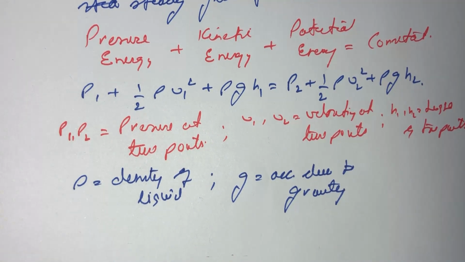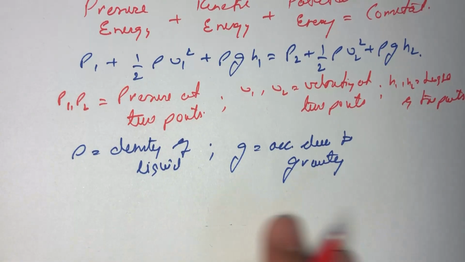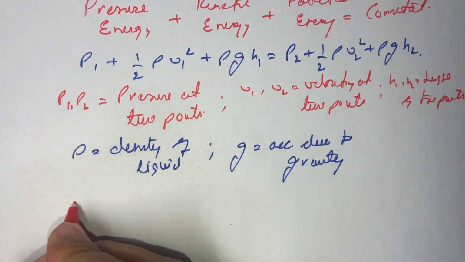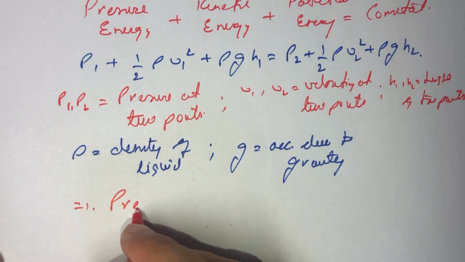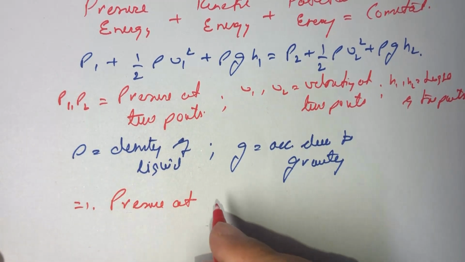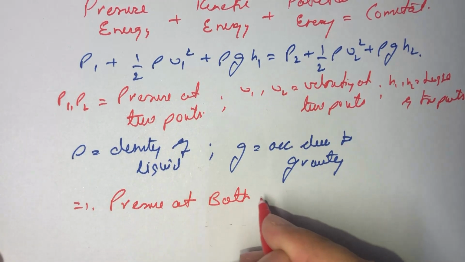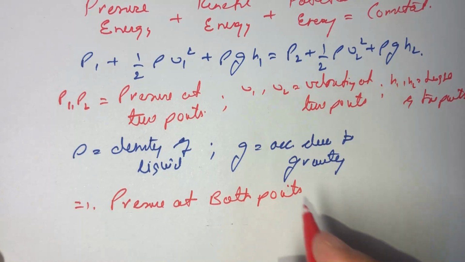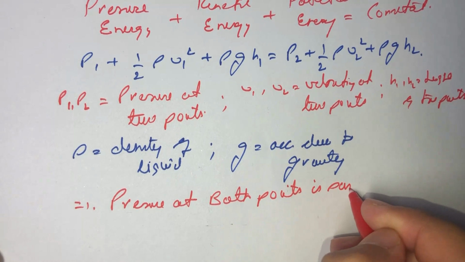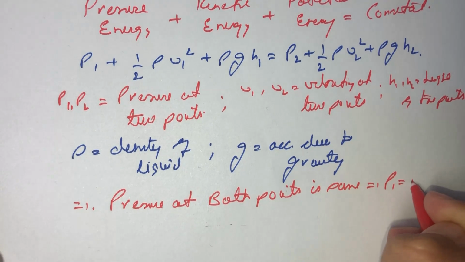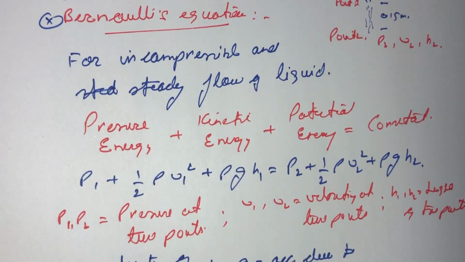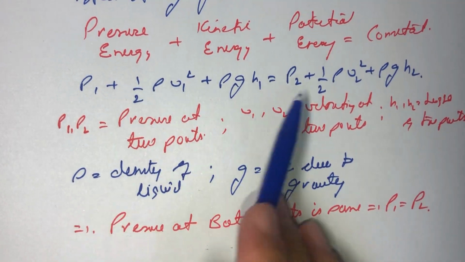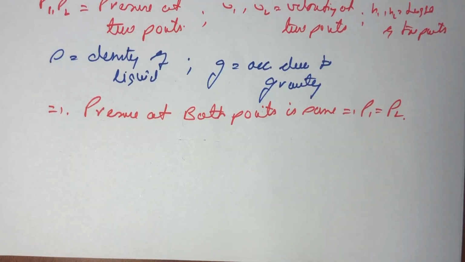And in the question itself, it says that pressure is constant throughout the stream of water. So we can say that pressure at both points is same, which means P1 is equal to P2. So therefore we can cancel P1 and P2.